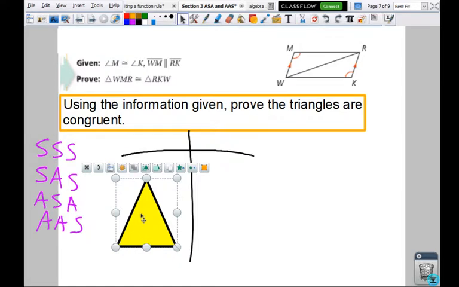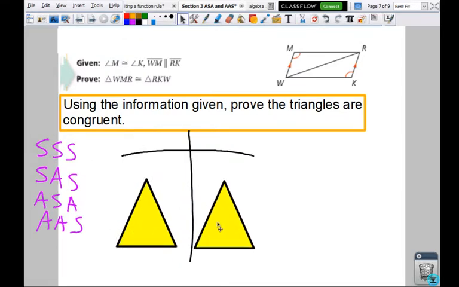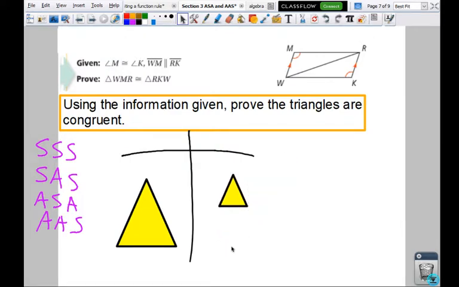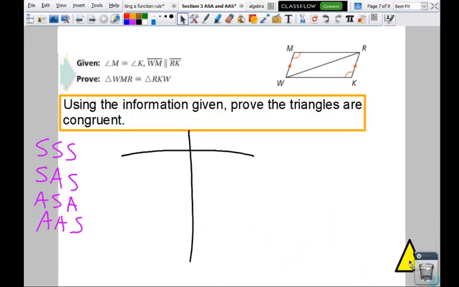I'm going to duplicate this triangle. Exactly the same right now, but if I shrink it down like this, isn't it still the same shape? Yes. But are they congruent? No, because that one's big, that one's small. So this would be angle, angle, angle. They're similar, which you'll get to in a chapter or two. Similar, but not exactly the same, so they're not congruent. Good thinking, though.